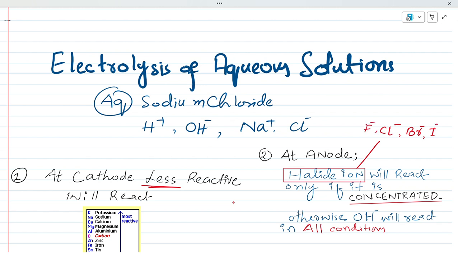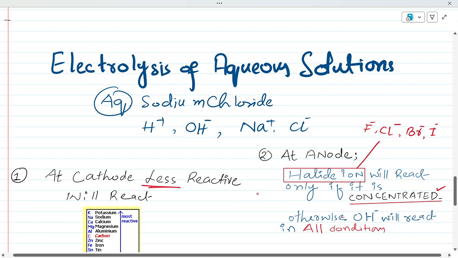Fluoride, F-. So these are the halide ions. They will be reacting at the anode when they are in the concentrated form. Otherwise, hydroxide will react in all conditions. So these are the two very simple rules. For the cathode, the less reactive will react, and for the anode, halide ion will be reacting only if it is concentrated. Otherwise, hydroxide will react in all conditions.